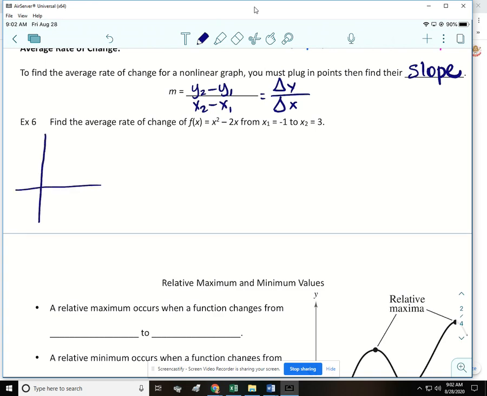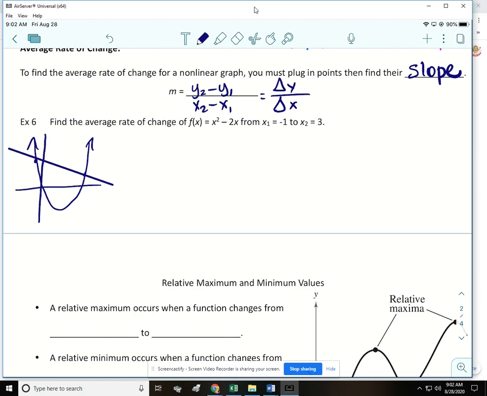So it's going to look something like this. All right, so if we're finding the average rate of change, we're basically, let's see, -1 is here. 3, we'll say 3 is here. I don't know, I'm just guessing. And then we're wanting to find the slope of this line that connects those 2 points.